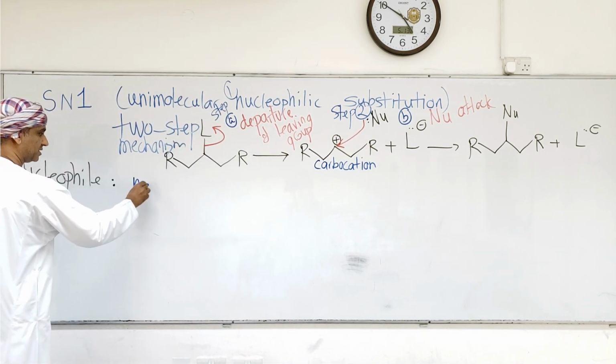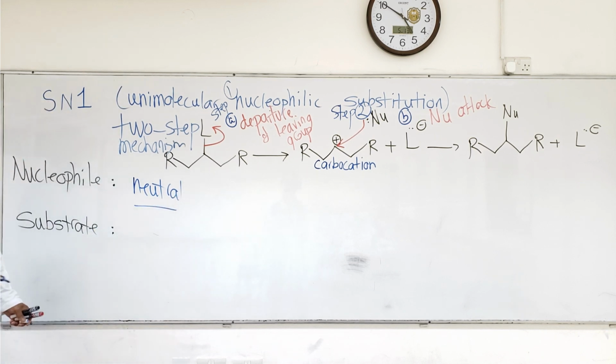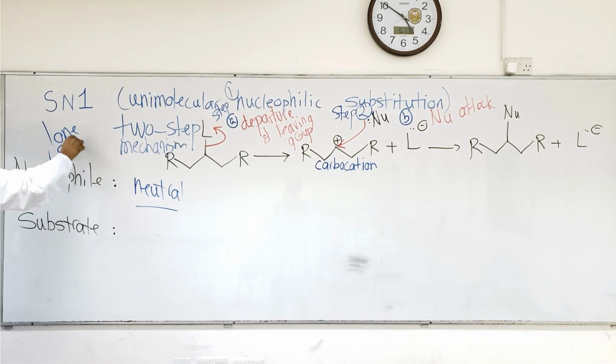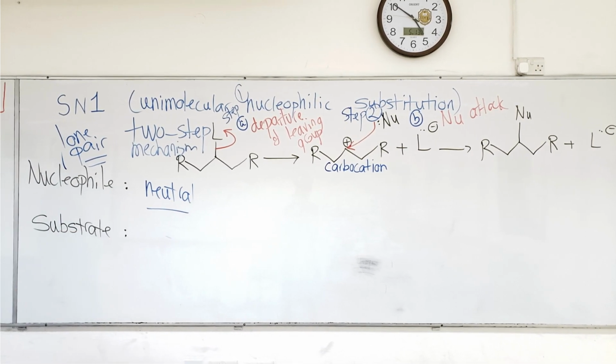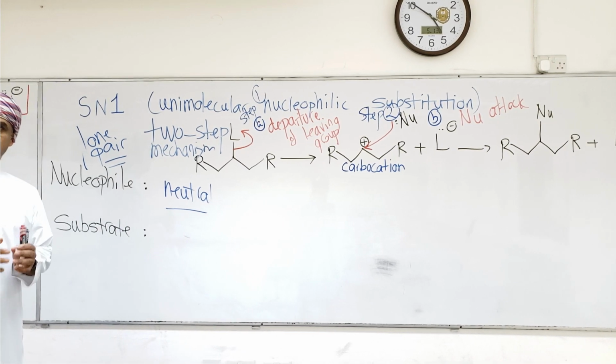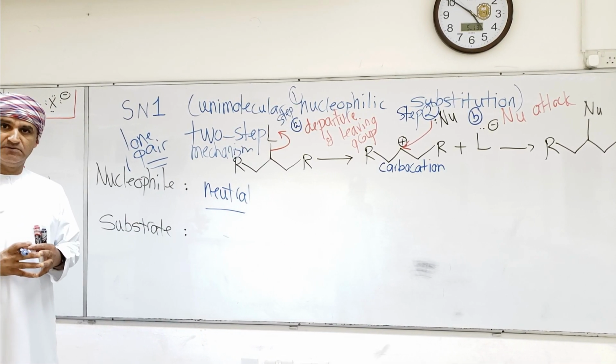In other words, a neutral nucleophile will do the job. A neutral nucleophile can participate in an SN1 mechanism. Of course, whatever the nucleophile is, it must always have a lone pair. So a neutral nucleophile is enough to participate in the SN1 mechanism.